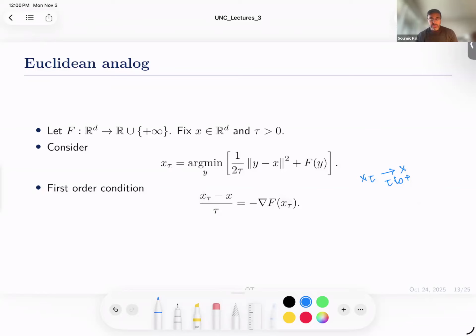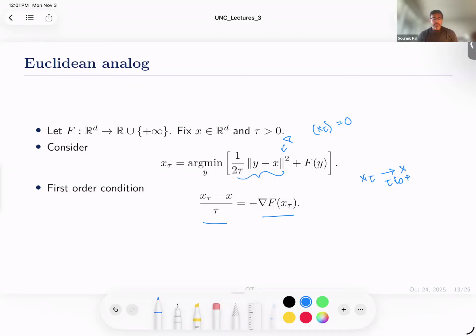The gradient of this objective, evaluated at x tau, is 0. That's my first order condition. If I take the gradient with respect to y, the first term gives y minus x over tau, which at x tau is x tau minus x over tau. The second term gives the gradient of f at y. So if I shift it over, I get negative gradient of f at x tau.